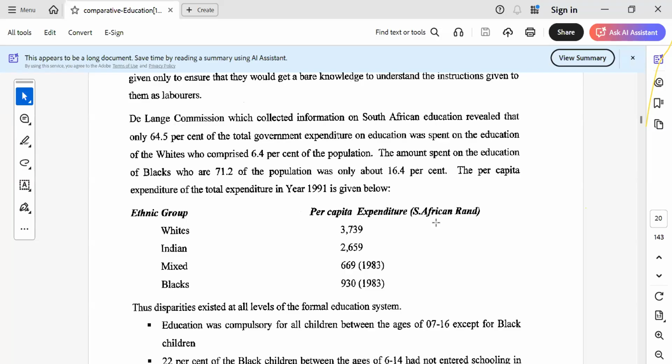So most of the money is spent on whites, not on the other ethnic groups. The amount spent on the education of blacks, who are 71% of the population, was far less. Only 6.4% of the population is white, but every facility is given to them.